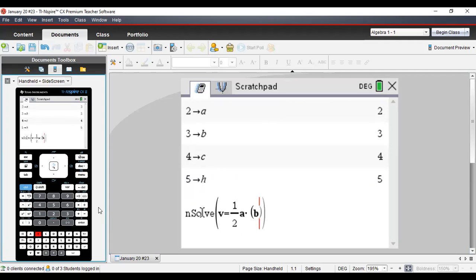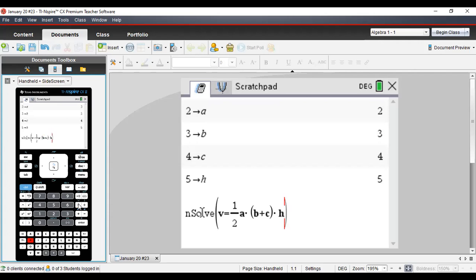So it's going to be B plus C. And notice that all the variables that I'm typing in are bolded, which means that I have a number stored in there. And then I'm going to multiply times H.